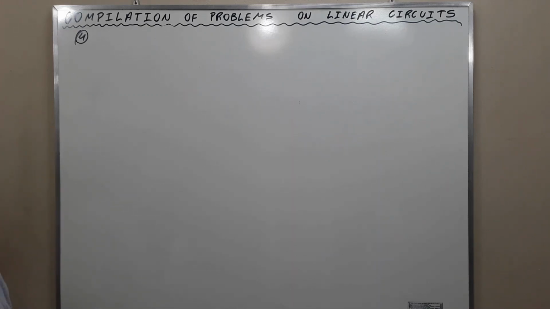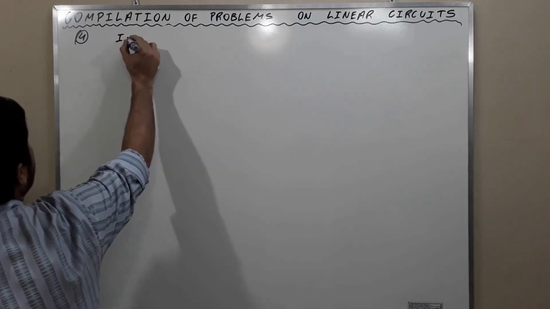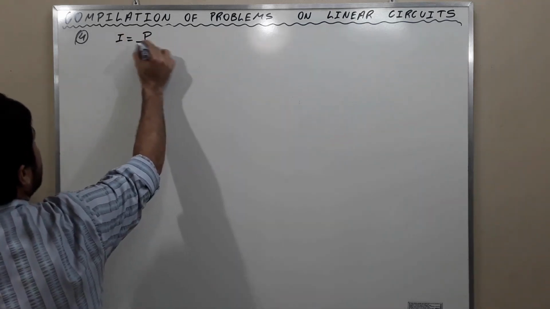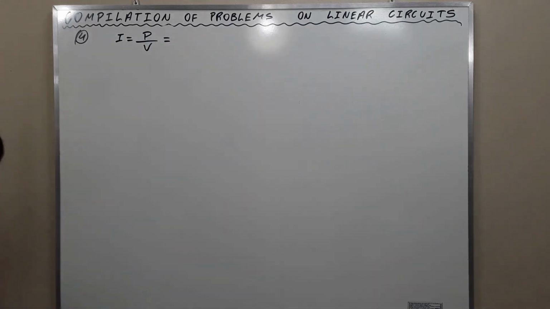The current supplied to the electronics is current equal to power divided by voltage. Okay?